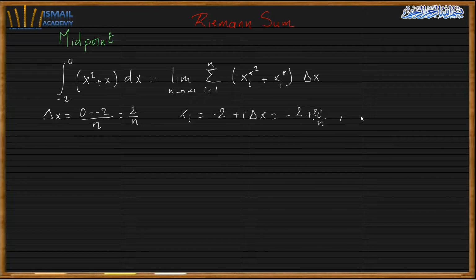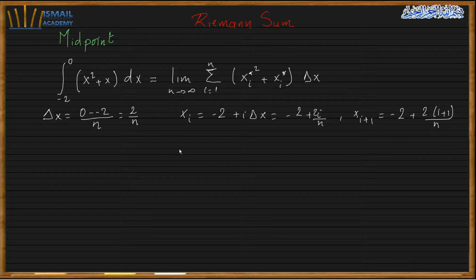So I need to find out the second point, which is x_i plus 1. So in that case, I will get my midpoint. So it's going to be equal to minus 2 plus 2(i plus 1) over n. So this will be my second.